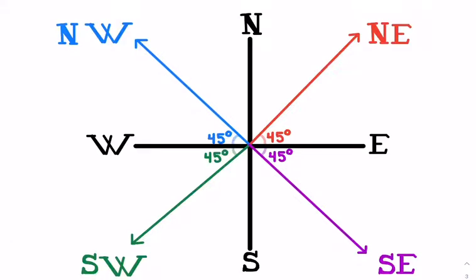So if an object is moving along this red vector, the object would be moving northeast. Or if along the blue vector, the object would be moving northwest, and so forth.